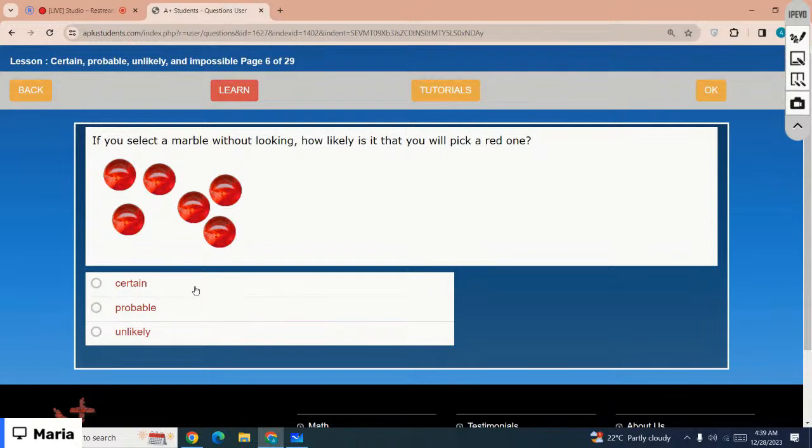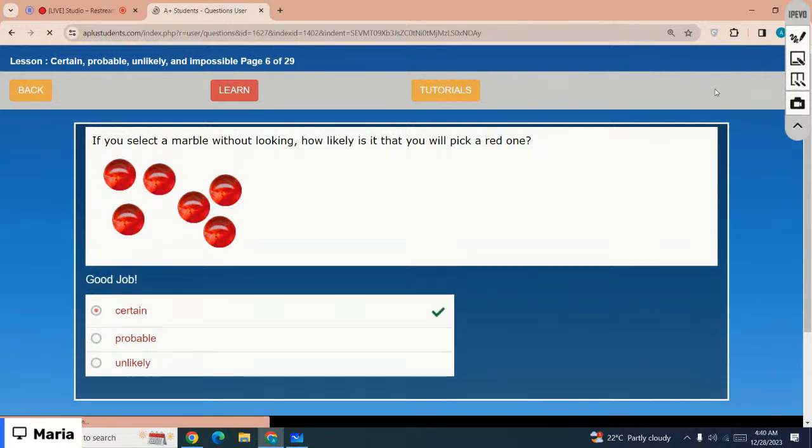All the time you will land on red, so certainly you will land on red. The correct option is certain.